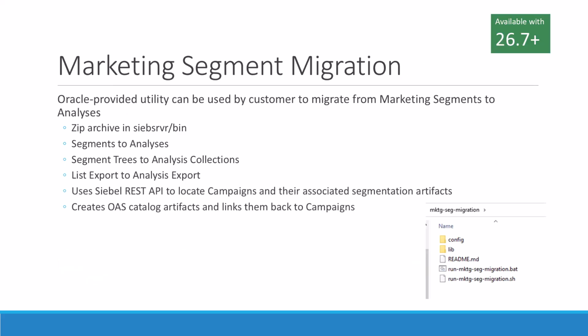With 26.7, Oracle ships a utility to assist customers in migrating their existing segments, segment trees, and list export formats to the analysis equivalents. The utility is documented in the 26.7 and higher Marketing Installation and Administration Guide and uses the REST API to access campaigns and migrate them.